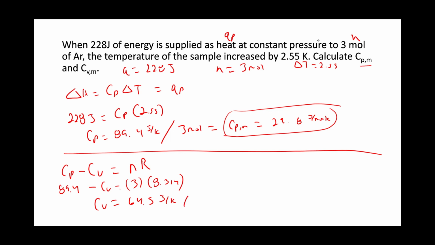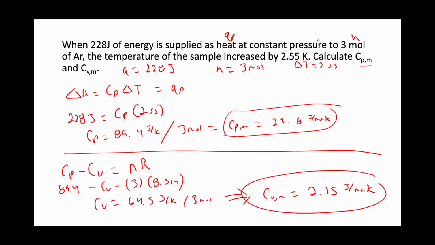All right, divide that by our 3 moles, and that will get us our molar heat capacity constant volume, which is going to be 2.15, right, joules per mole Kelvin. Okay, 2 different answers, fairly easy to get, really.